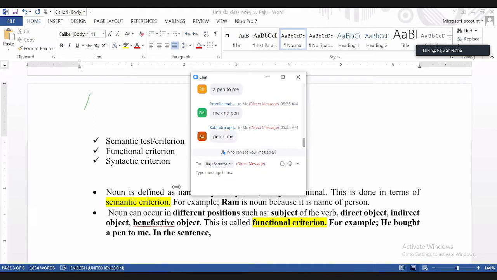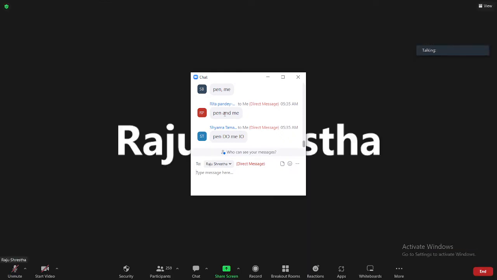Pen and me, yes. Object position ma दुईटा छ हैन. Subject चाहिँ he पनि subject हो हैन. Yes, he also, pen also हैन, me also. So object position मा दुईटा छ हैन. हेर्नुस् त.